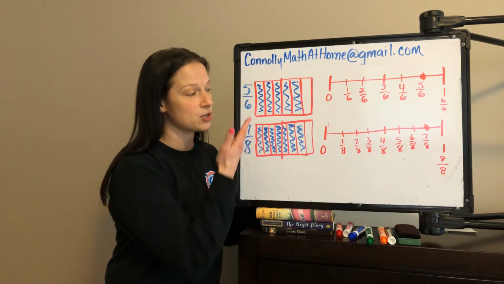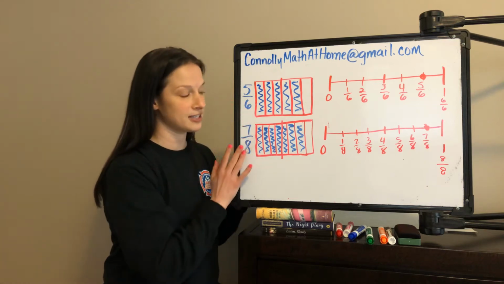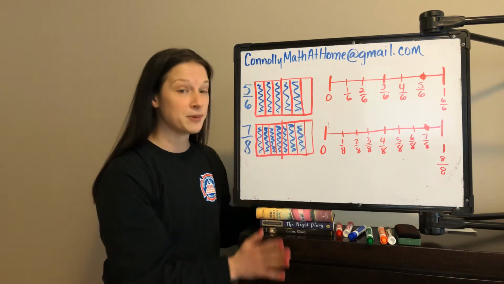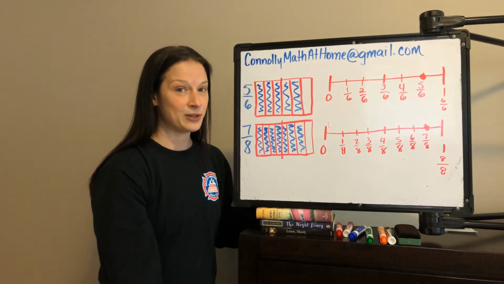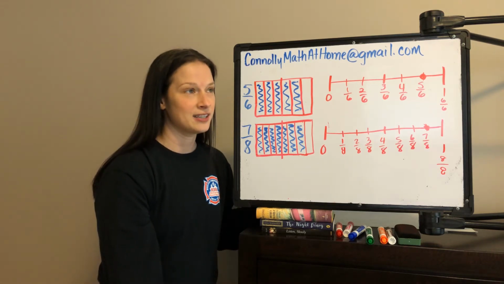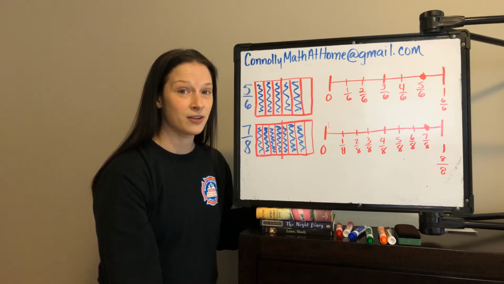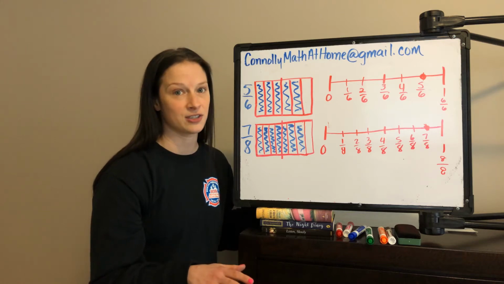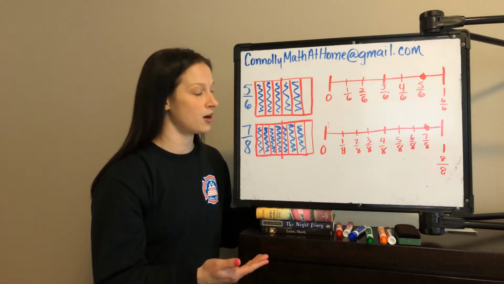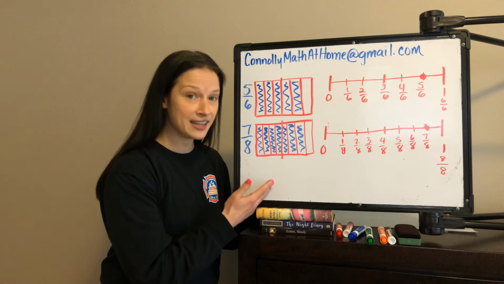So let's think about what's going on with these two fractions. So we have 5/6 and we have 7/8. I've represented both of them on an area model and both on a number line. And when you look at my area model especially, it is very difficult to tell for sure, 100% positive, which fraction is greater. It's really hard to accurately draw eighths.